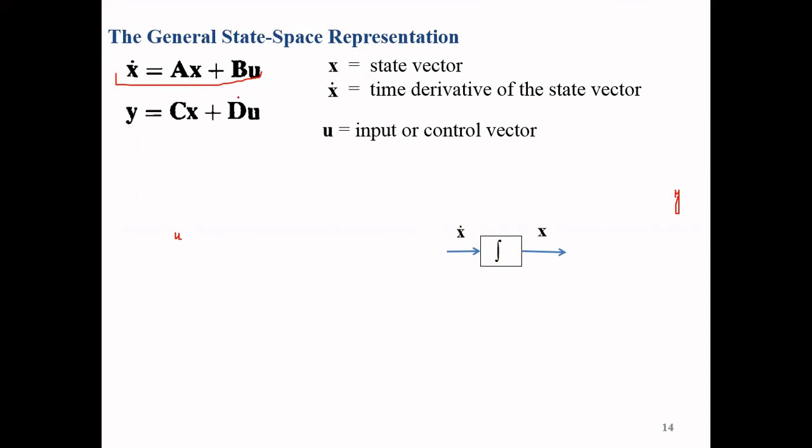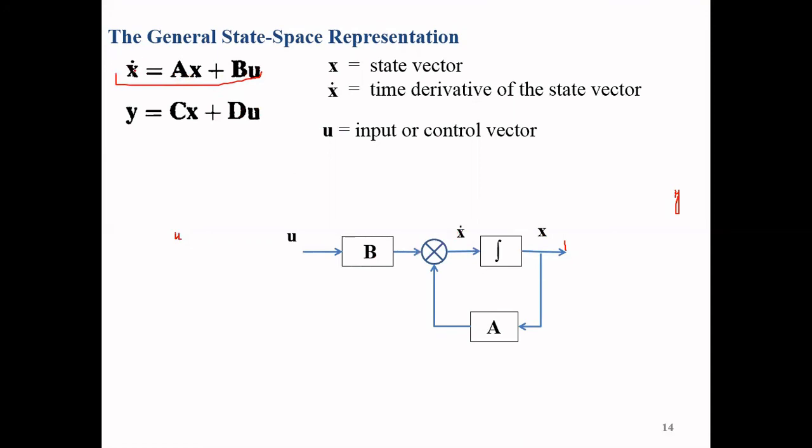So if we multiply by this term A here, Ax, and add with the input multiplied by gain B, we get x dot.